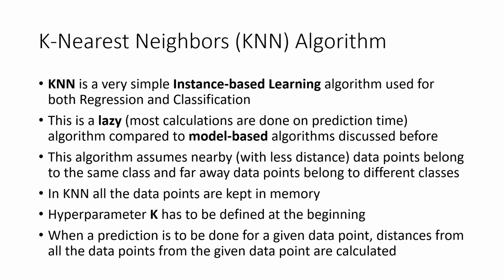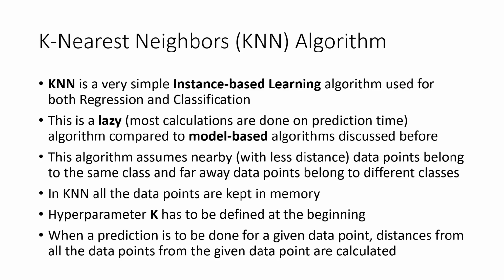And in this algorithm, your main assumption is that nearby data points belong to the same class. So if you are taking it as a classification problem, and you are trying to make predictions using k nearest neighbor, actually k nearest neighbors can be used for both regression and classification.